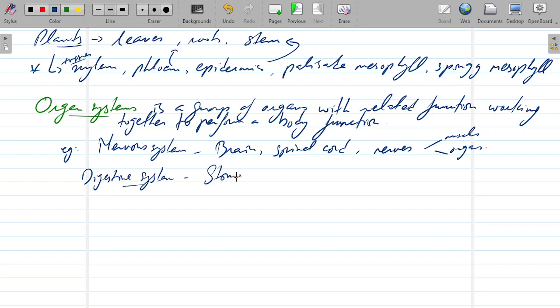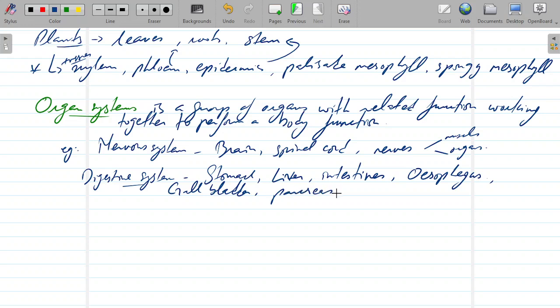You've got the stomach, you have the liver, you've got the intestines, both large and small. Kidney is not part of digestion, that is the excretory system. So you've got the esophagus, you have the gallbladder, the pancreas. So all of these are part of the digestive system and more.